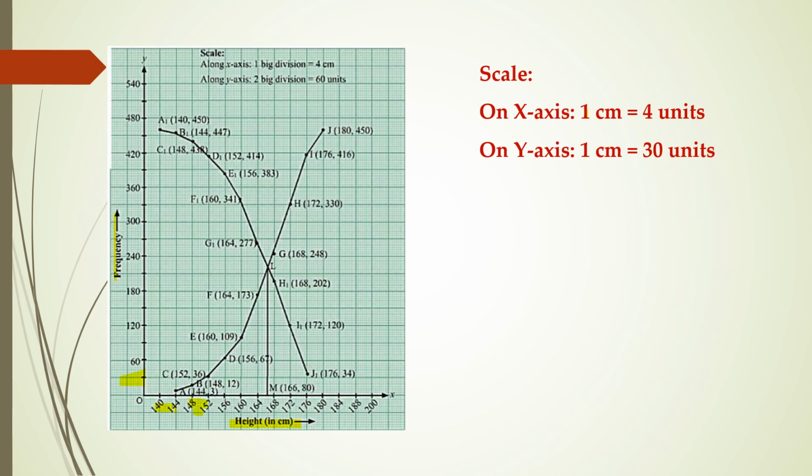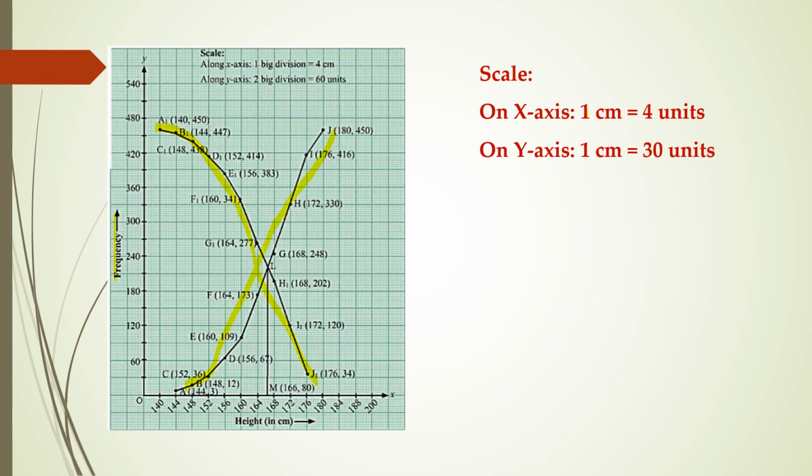By using these scales, you have to represent the points on the graph. And by plotting the points on the graph, we will get curves like this. This is the less than ogive, which is a rising curve, whereas this is the more than ogive, which is a falling curve. But we know already how to plot the points. You can understand it very easily.